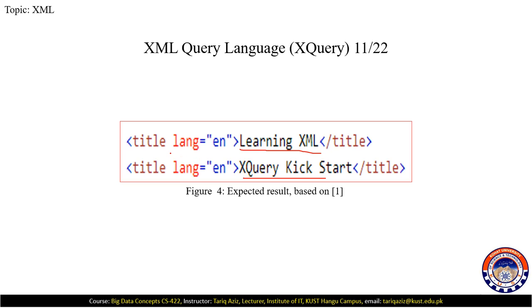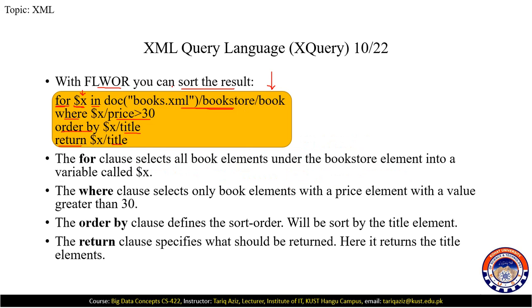But as we said, we set a condition on the prices, so the price of this book is greater than 30, as well as this book is greater than 30, and then we want to return the result as per title. So look at this, we have title here, Learning XML, and again we have title here, XQuery Kick Start. Okay, so this is the way if you want to use the FLWOR expression to sort the result.